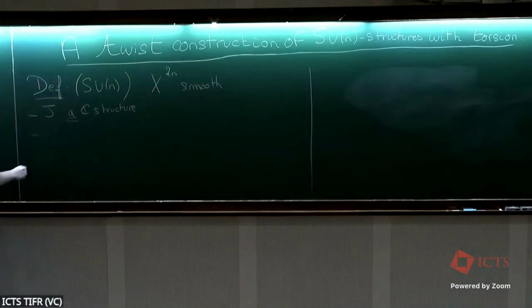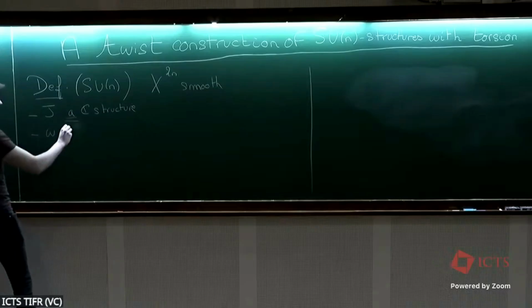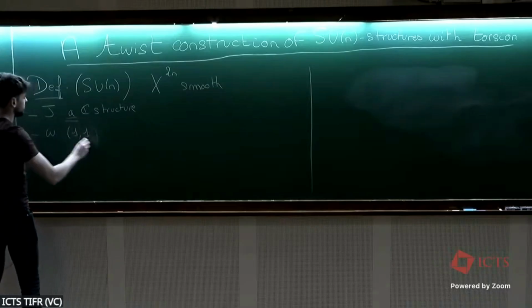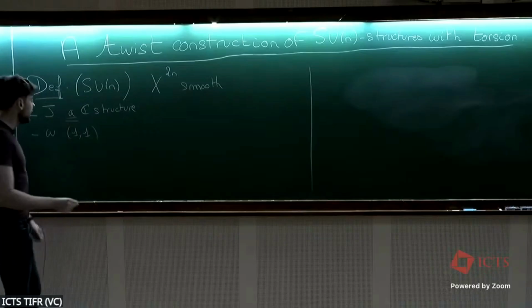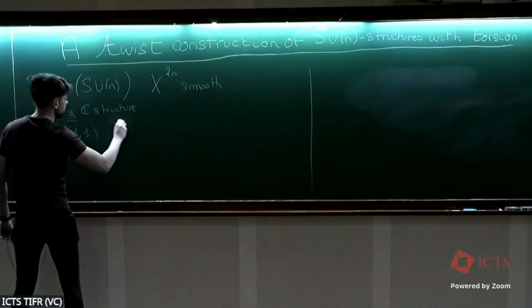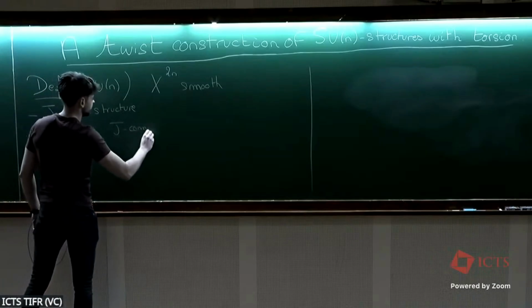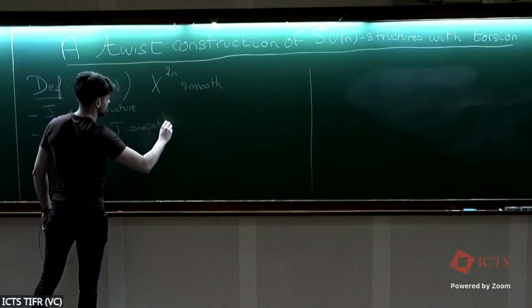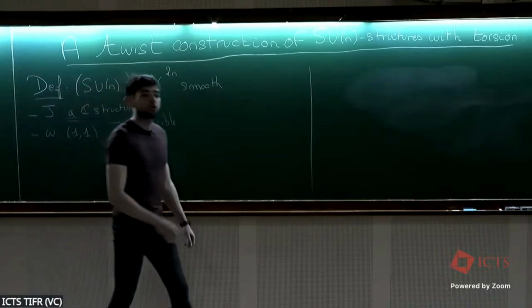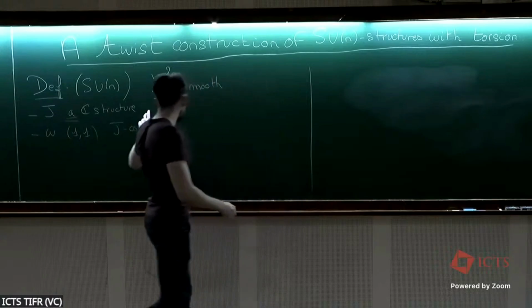Then I have a 2-form, little omega, which is (1,1) with respect to this almost complex structure and which is J-compatible, meaning that you have a Riemannian metric induced by those two.